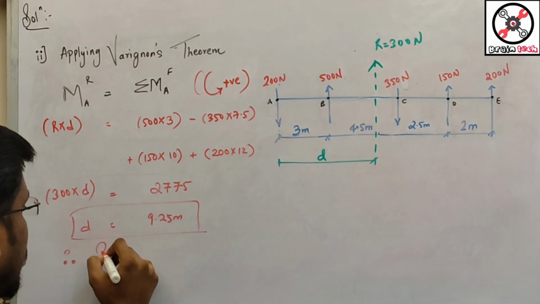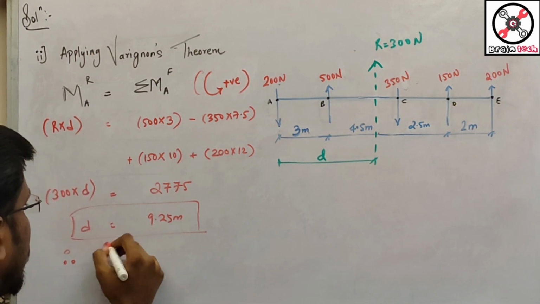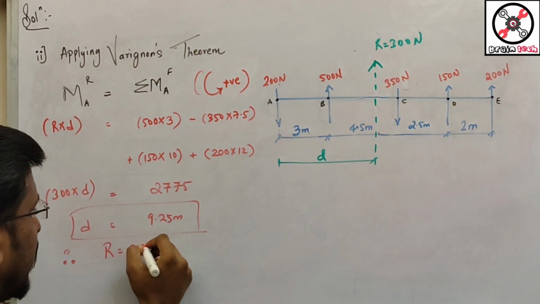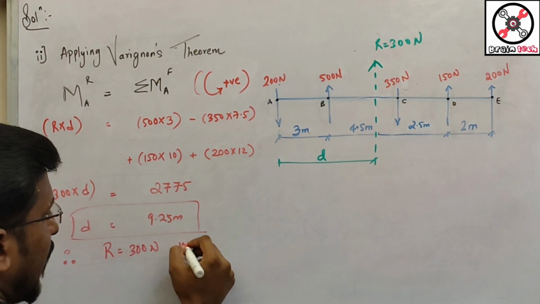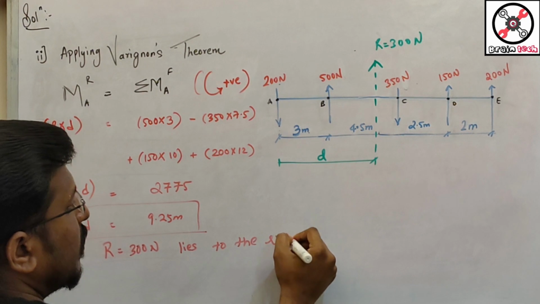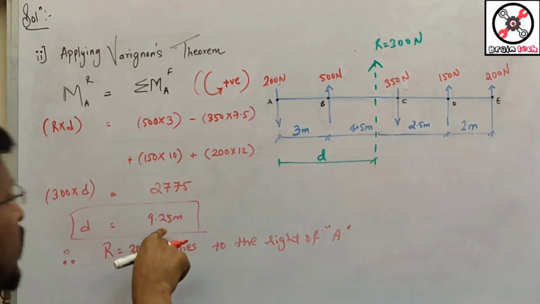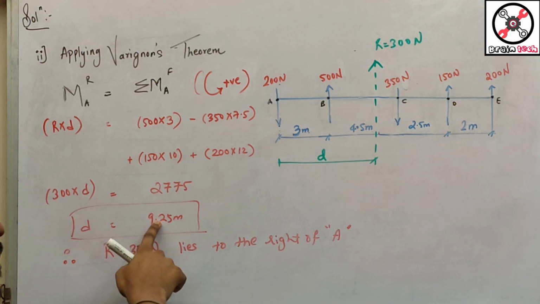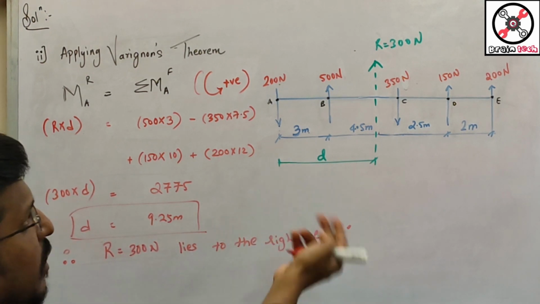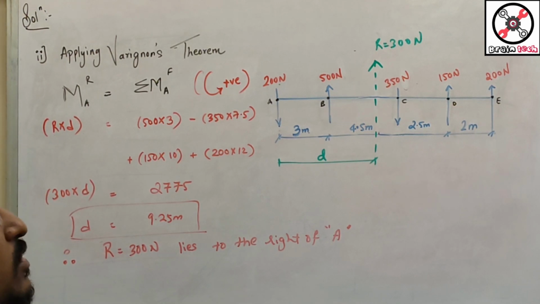So the resultant R equals 300 Newton, which lies to the right of A. If the value had been negative, then you would write that it is to the left of A. This is the complete solution for this question.